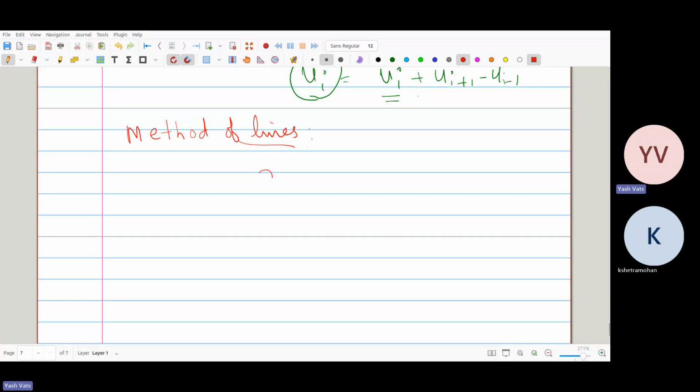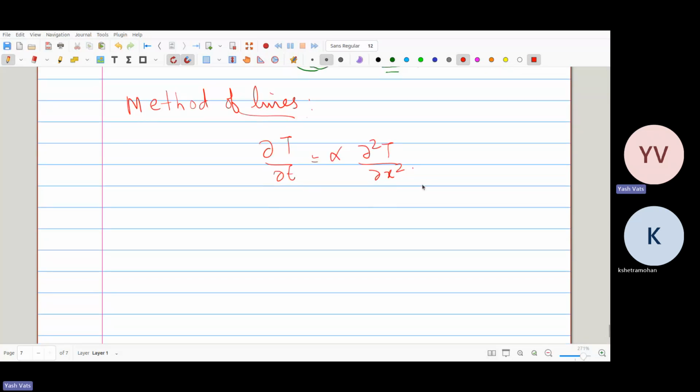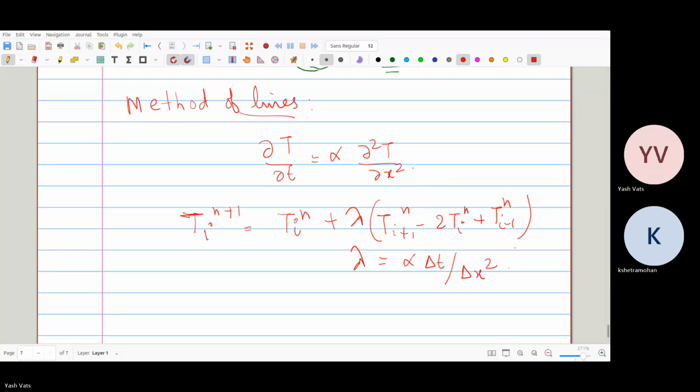We start with a similar PDE, the same as alpha del T over del x squared, and you have a discretization in this way: T_i^{n+1} is the same as T_i^n plus lambda times (T_{i+1}^n minus 2T_i^n plus T_{i-1}^n), where lambda is alpha delta t over delta x squared. That we have already derived before.